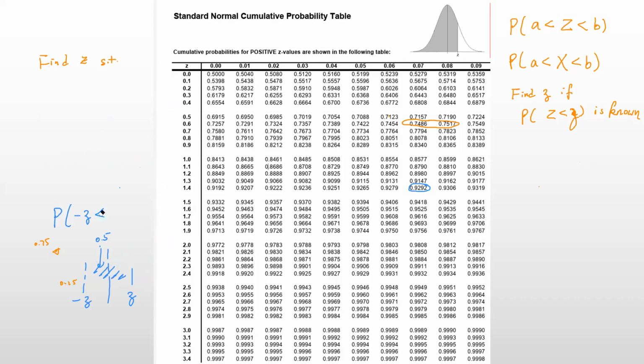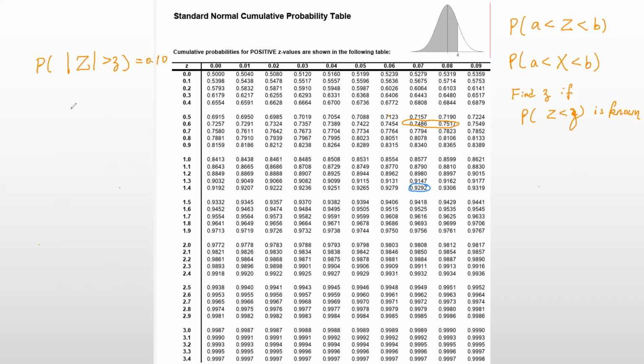Let's find the three important critical values. It's called a critical value. Capital Z, X value greater than little z equals 0.10.